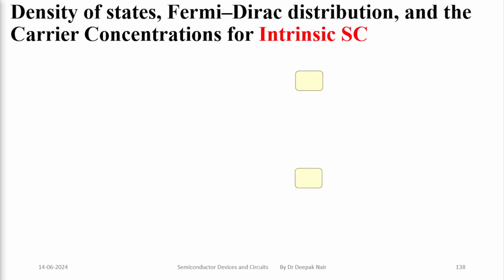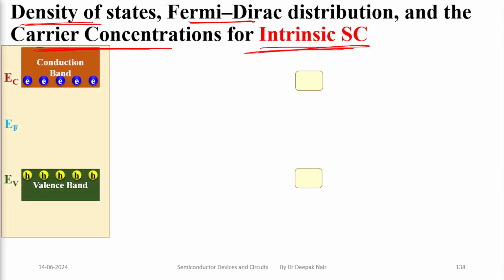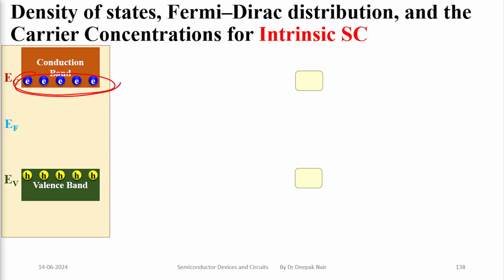Now let us talk about density of states, Fermi-Dirac distribution and the carrier concentration of an intrinsic semiconductor. Remember, we are talking about an intrinsic semiconductor, and we are going to correlate density of states, Fermi-Dirac distribution and carrier concentration for a pure semiconductor. For a pure semiconductor, the number of electrons and the number of holes will always be the same.